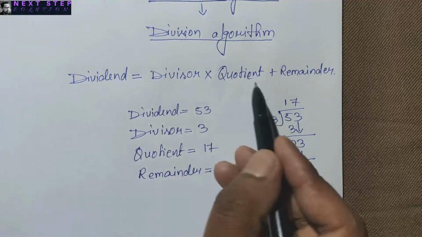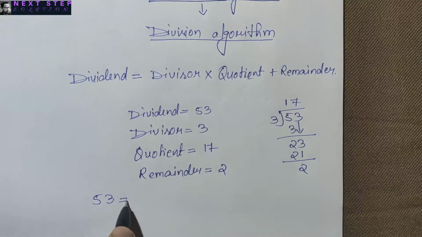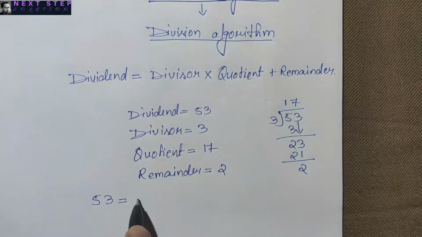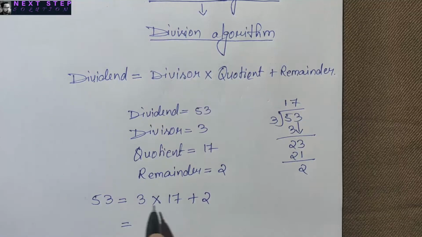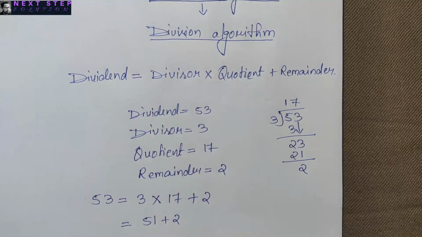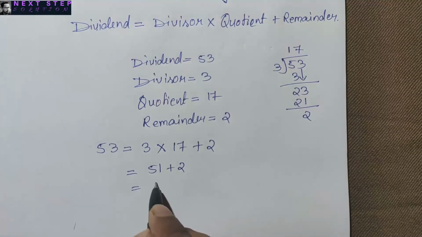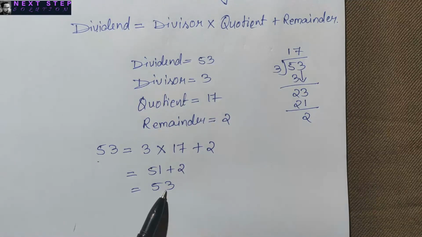Now if we put it in this equation, dividend 53 equals divisor 3 into quotient 17 plus remainder 2. If we solve this, 17 into 3 gives 51 plus 2. 51 plus 2 becomes 53. Hence dividend is equal to divisor into quotient plus remainder. We got LHS equals RHS.